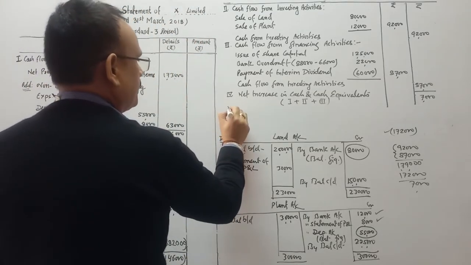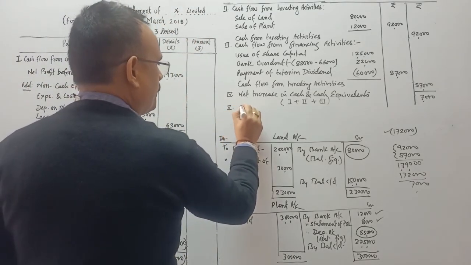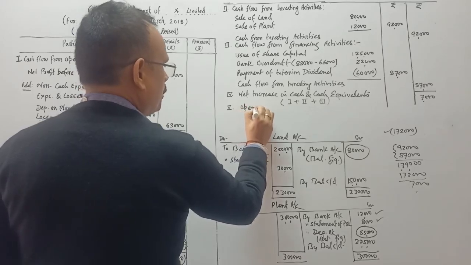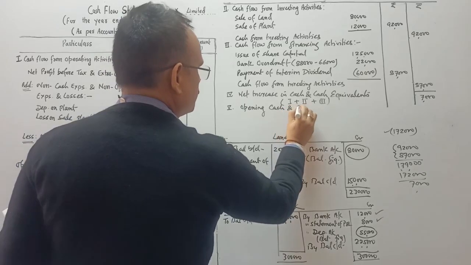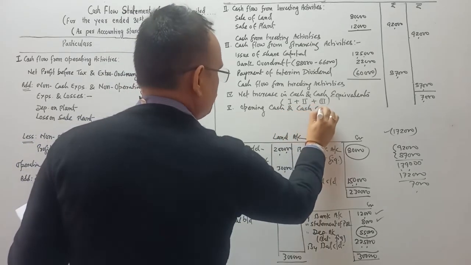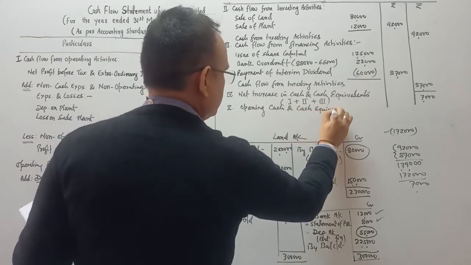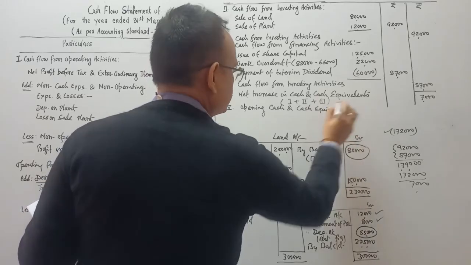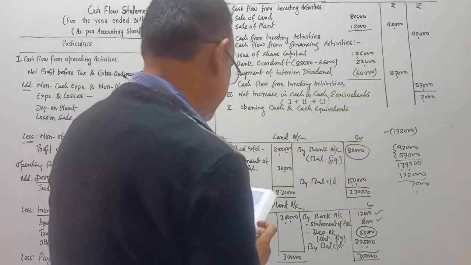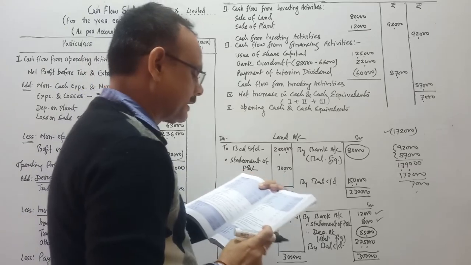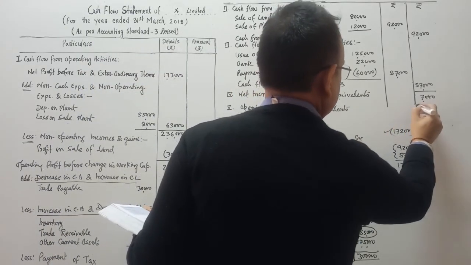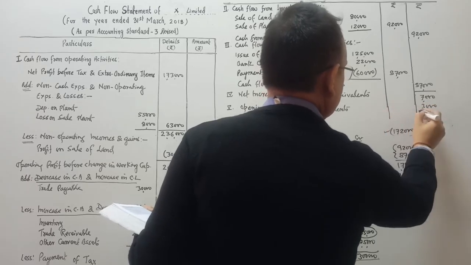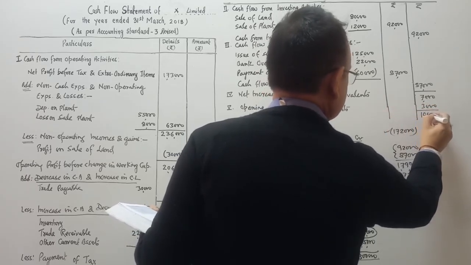Now you add fifth number, opening cash and cash equivalents. Opening cash and cash equivalent is given in the question under the current assets, 3000. Last year figure is 3000. So when we add this, the total is 10,000.